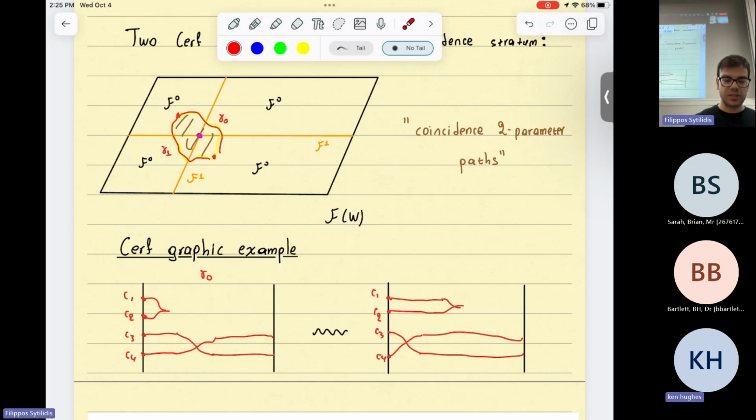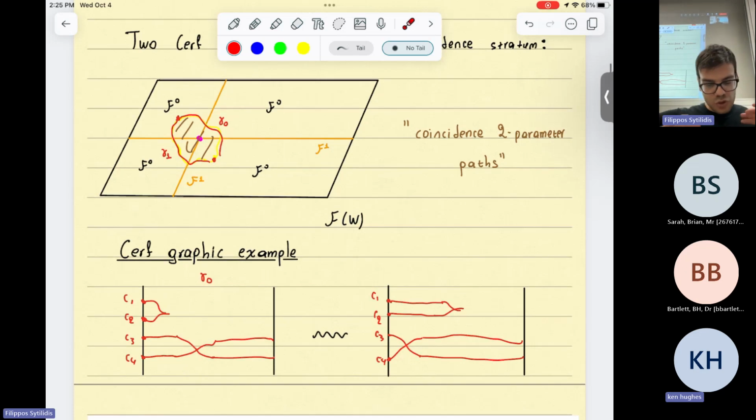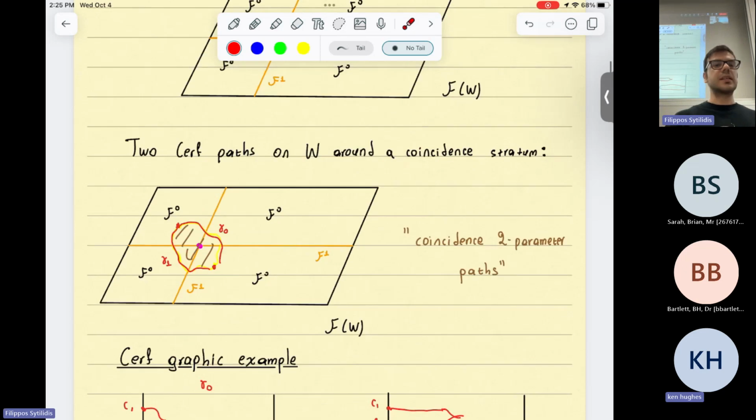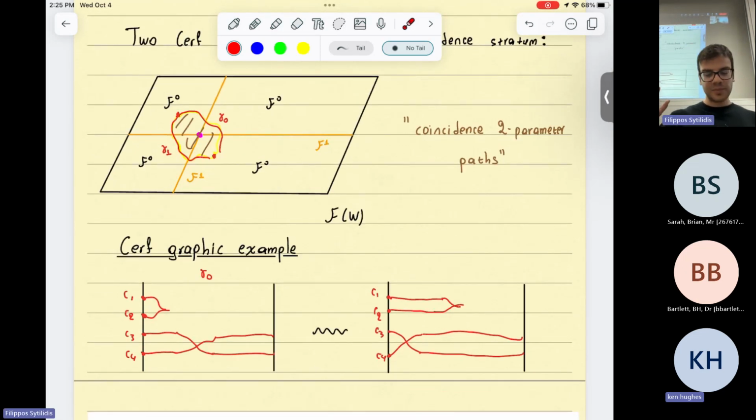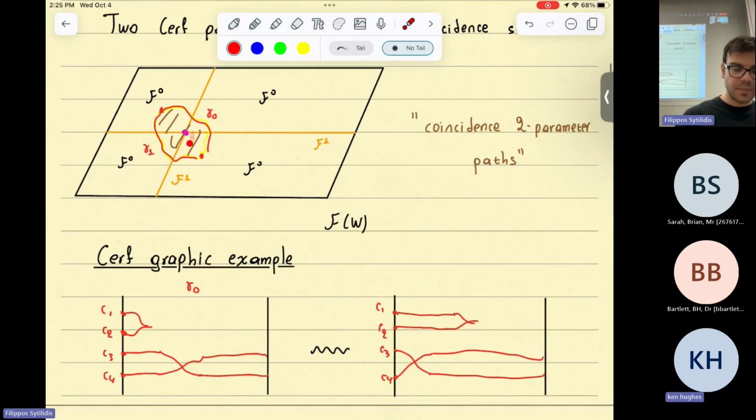And just two disjoint codimension 1 phenomena that by coincidence are happening at the same time. Hence the name. I take blame for it, but that's what this particular type of codimension 2 strata is like.